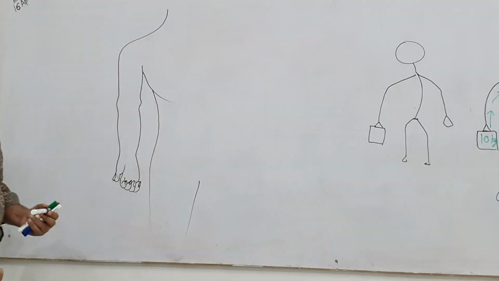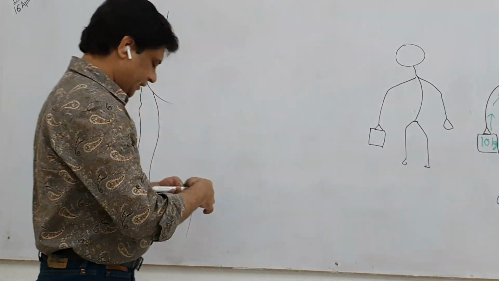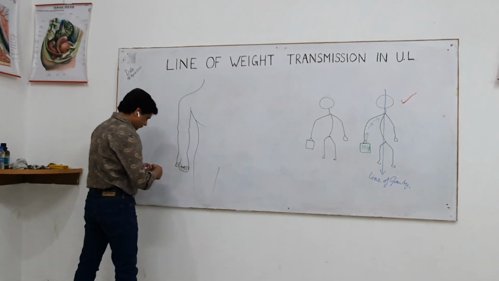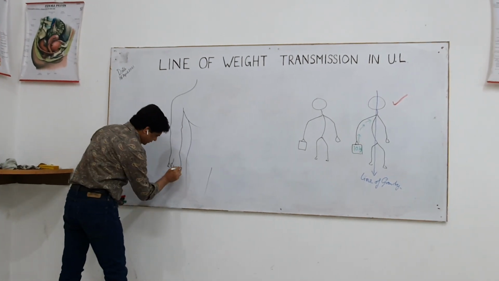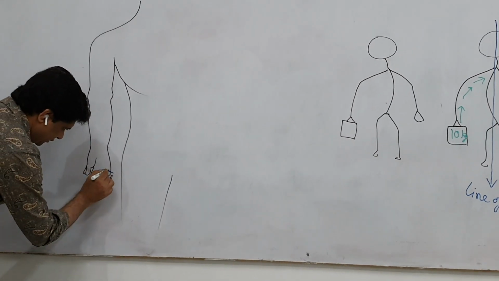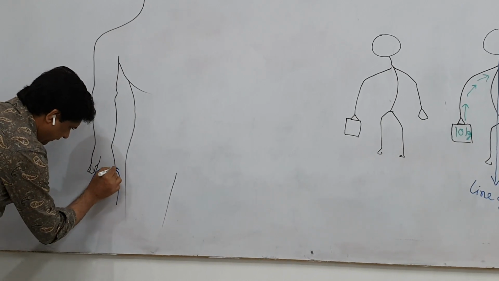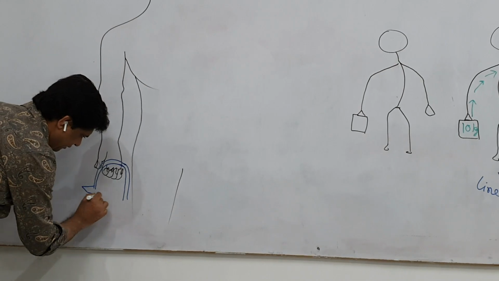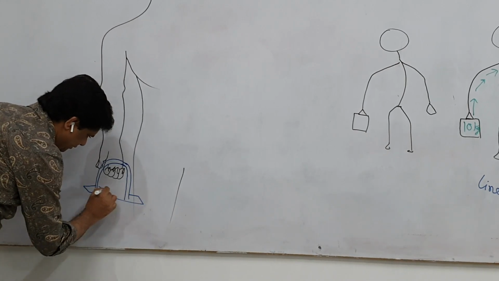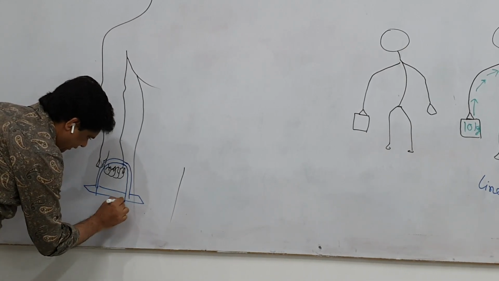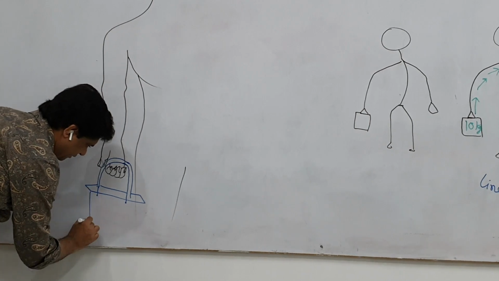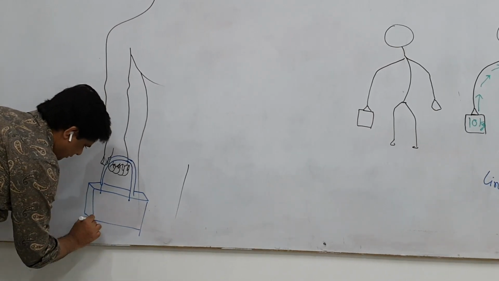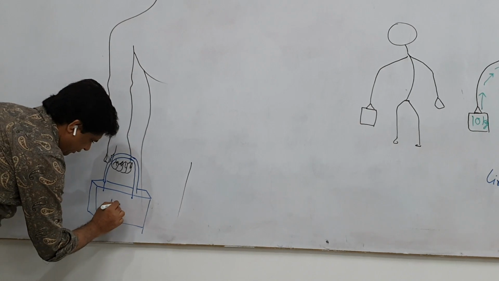This you are seeing is the right hand, and in this right hand, let's say the person is carrying a weight or a carry bag like this, and this carry bag is around 10 kg.